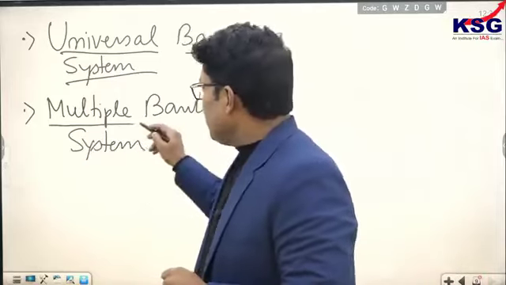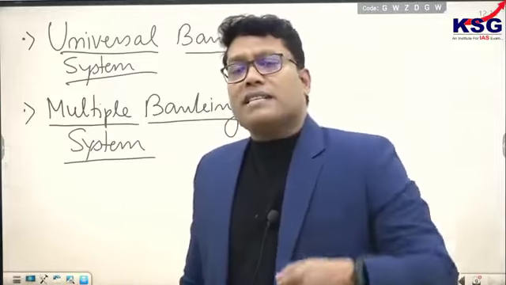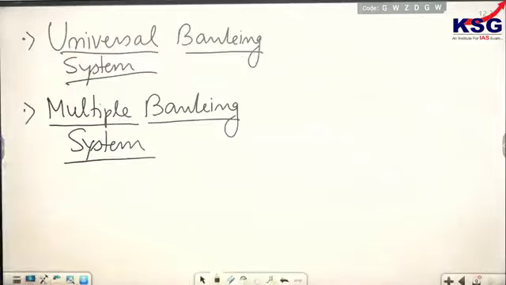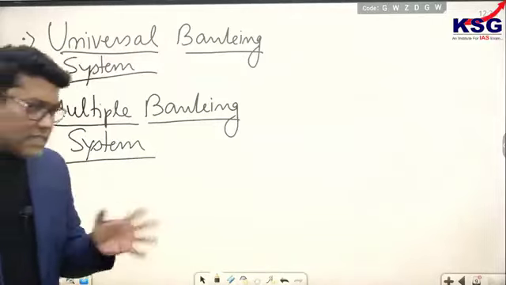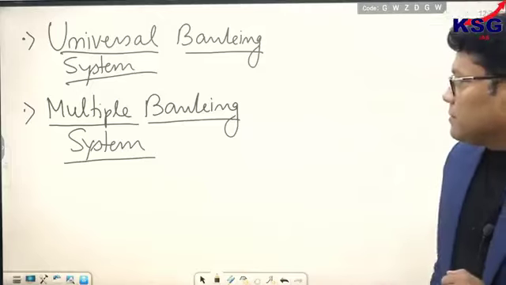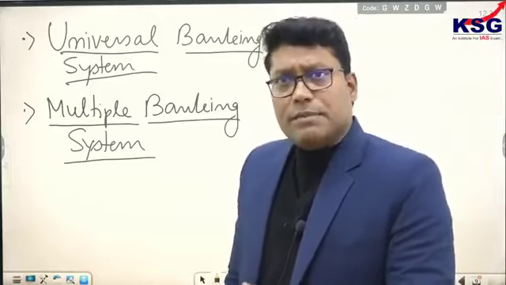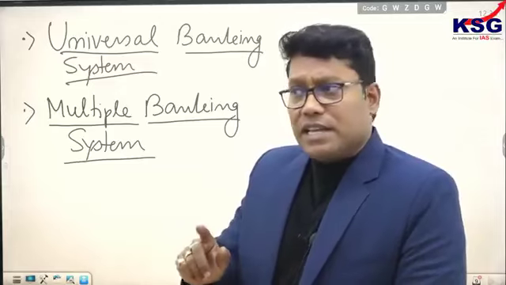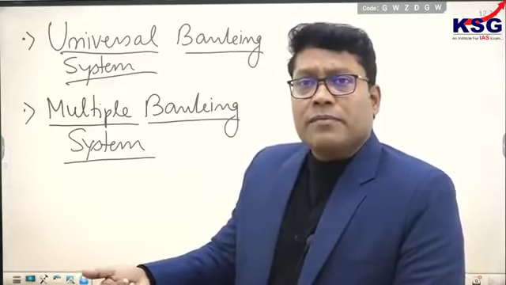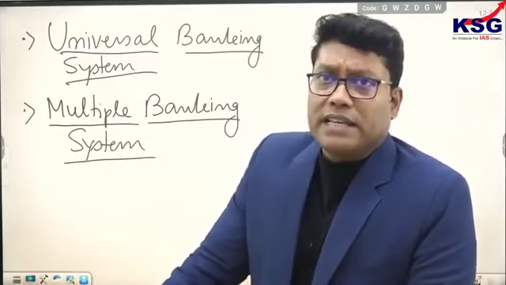Multiple banking system means, you understand, when in a country more than one bank is operating, that system is known as the multiple banking system. Take the example of India, yes, multiple banking system is there. SBI is working, PNB is working, ICICI is working, and other banks are working in the country. So we have the multiple banking system.